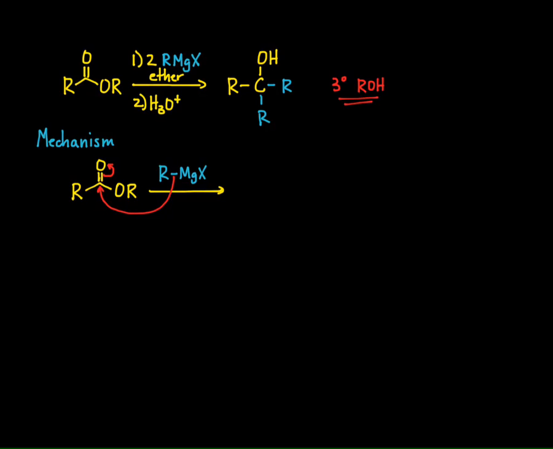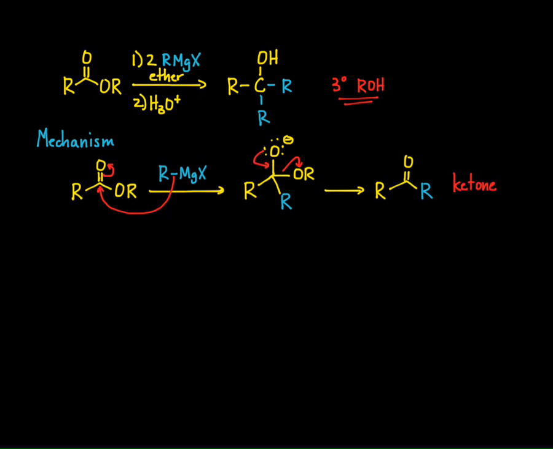That Grignard reagent attacks the carbonyl carbon, displacing that carbon-oxygen pi bond and generating a tetrahedral intermediate, TI minus. So now the TI minus is formed. We're going to kick off OR minus, regenerating the carbonyl, and we generate, that's right, a ketone.